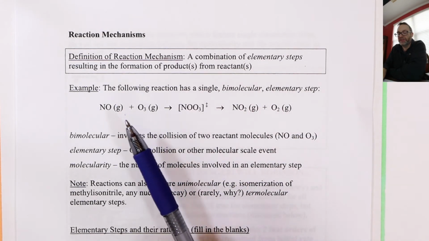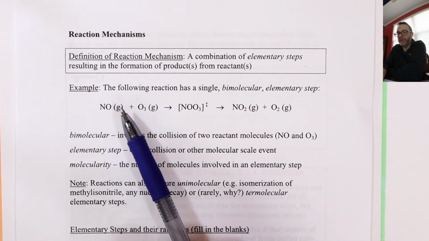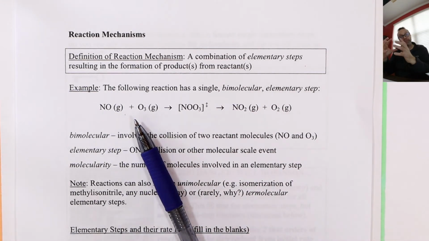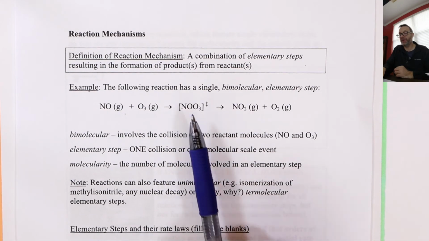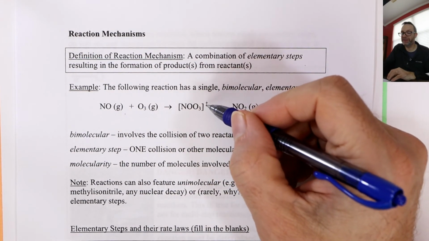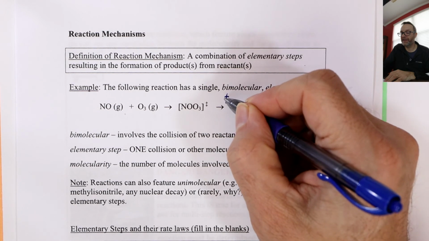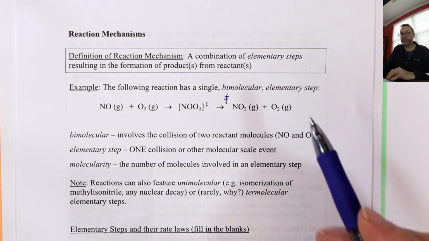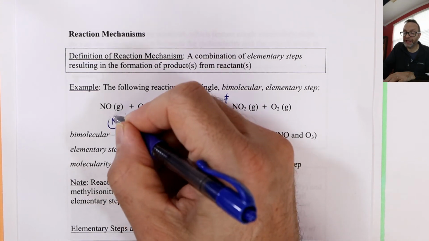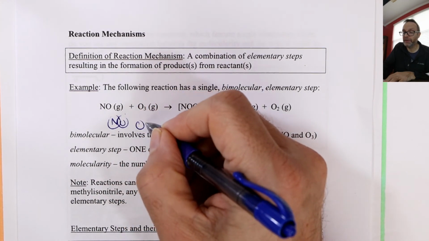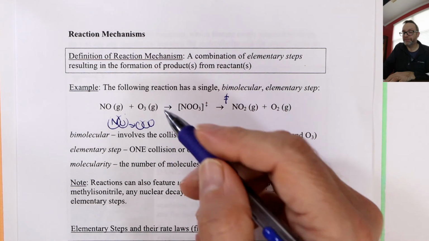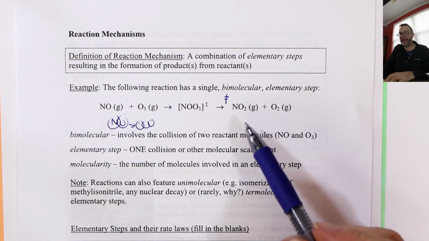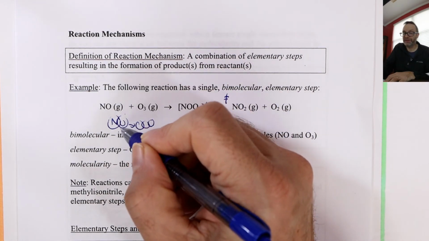For example here, we have NO plus O3, which bang together to make this activated complex, and that's the symbol for activated complex, which looks kind of weird. And that falls apart to make products. So if I draw that, there's N and O and O3, and we're making NO2.